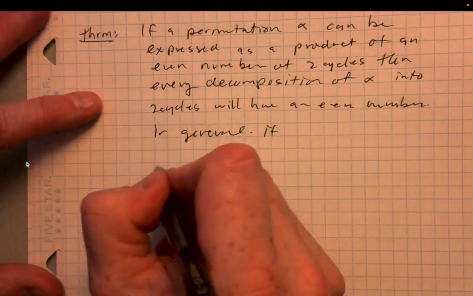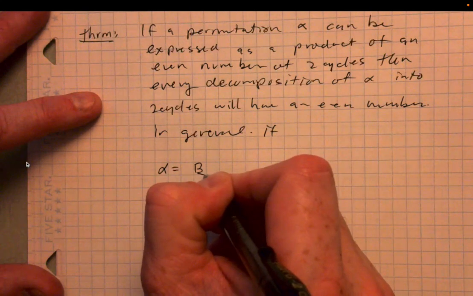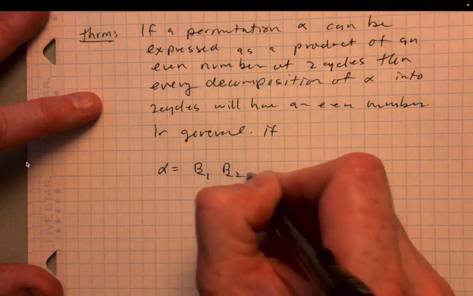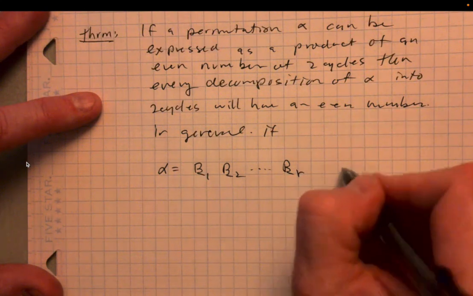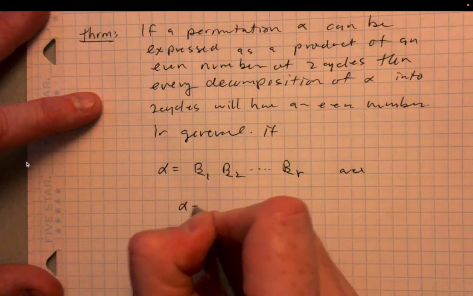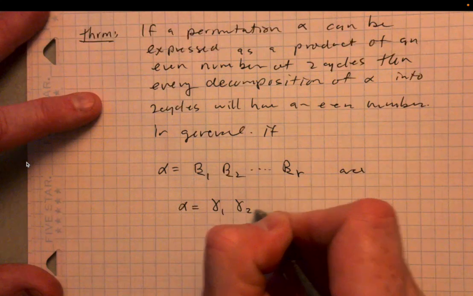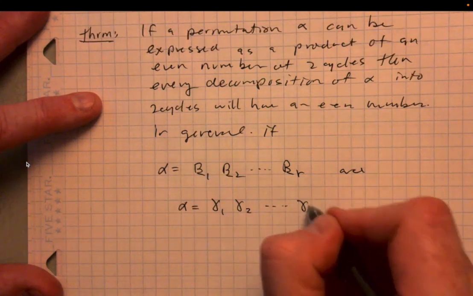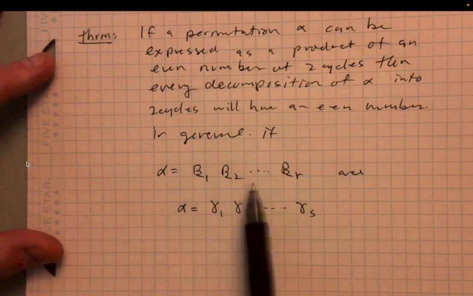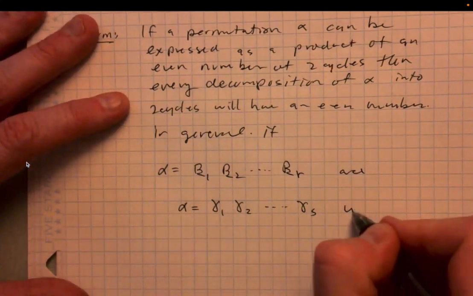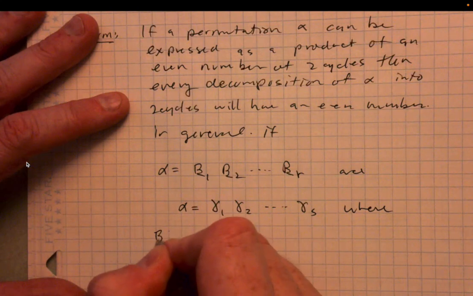if alpha is equal to beta 1, beta 2, ... beta r, and alpha is equal to gamma 1, gamma 2, ... gamma s, now, what are these? The betas and gammas are 2 cycles.